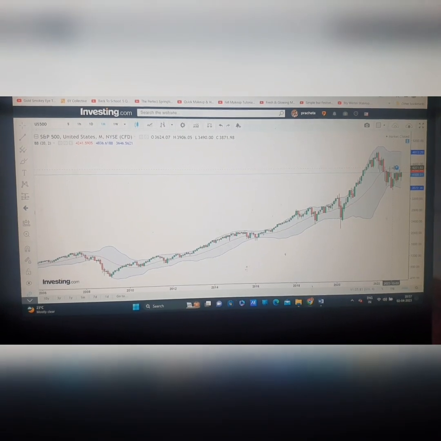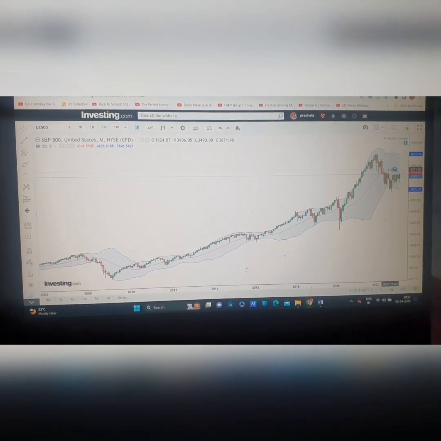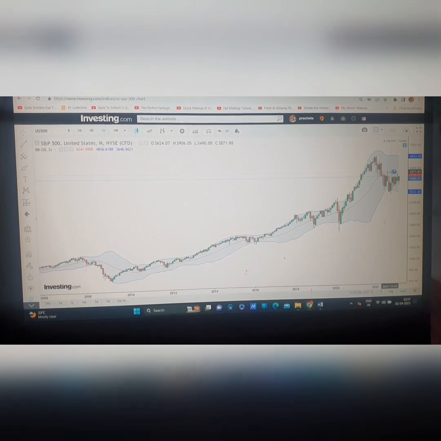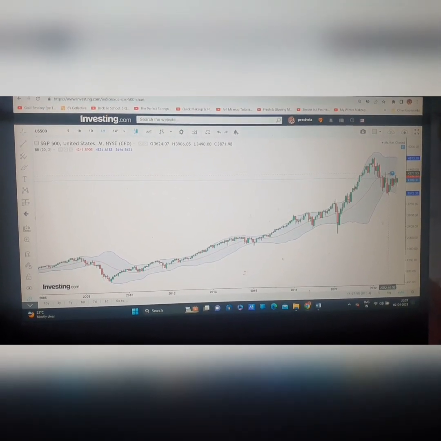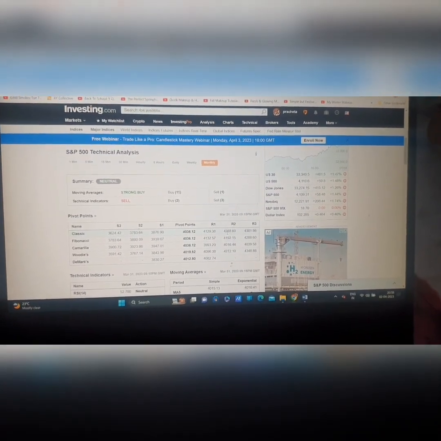Also the momentum is very low, and there is not a very good RSI to support it. So 4288 is your next resistance level, and you can park your gains at something below this level, around 4276, and then get in again once it falls down. So this is how we do it.